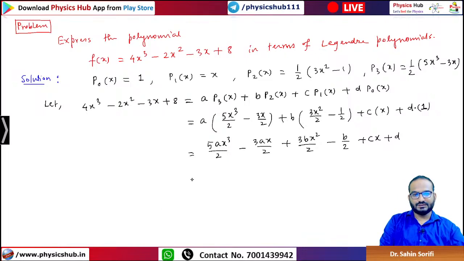So let's gather the coefficients. We are gathering the coefficient of x cube, then the coefficient of x square, then x to the power 0.